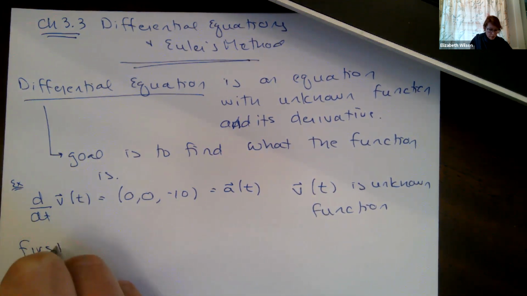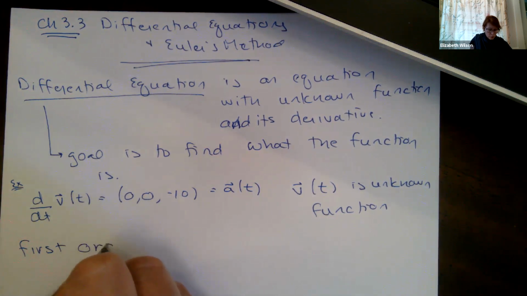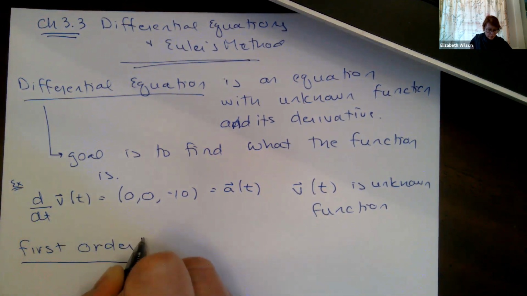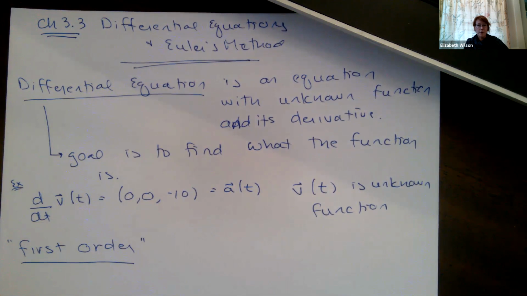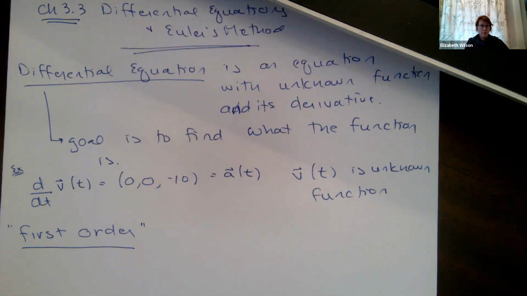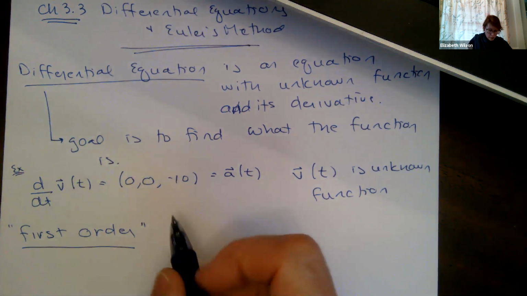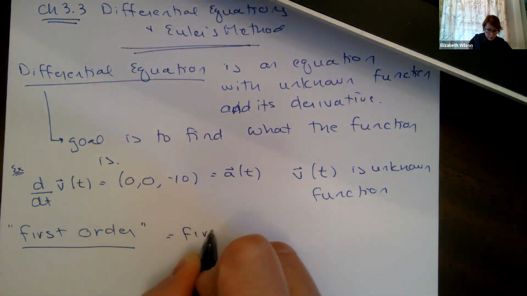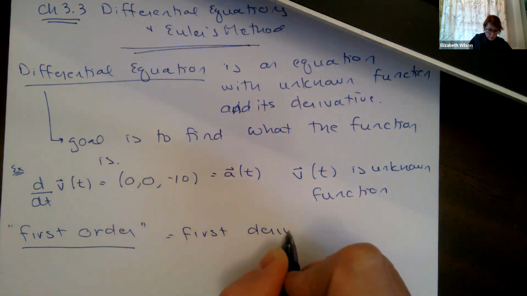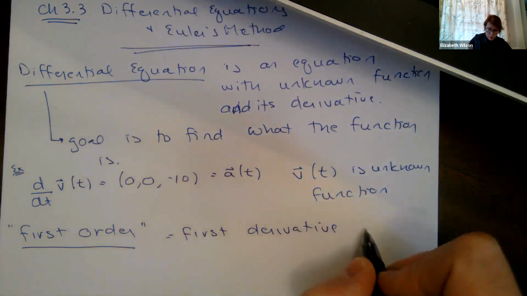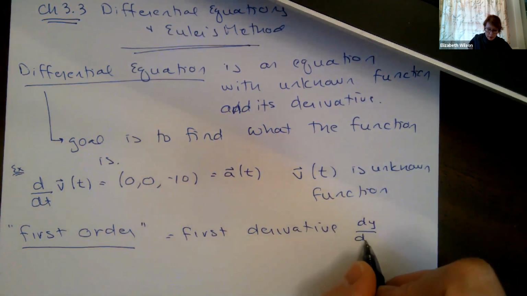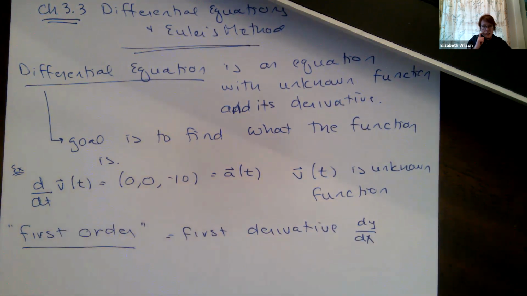So in differential equations, I call something first order. If I describe a first order differential equation, that means I have a first derivative inside my function, which we would think of as dy/dx or dv/dt, things like that.